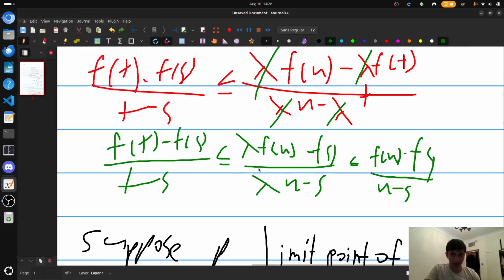Why? Because lambda is between 0 and 1. So this will definitely be less than this. And this over here is going to be less than this. But since we know that when you take the function, it increases, it's going to increase more in the numerator than in the denominator. So you're going to get this.